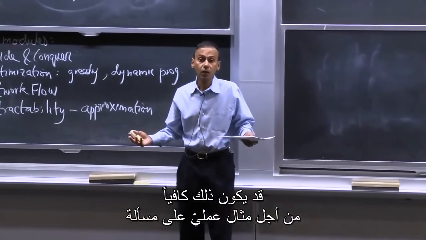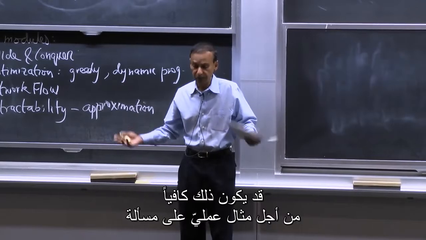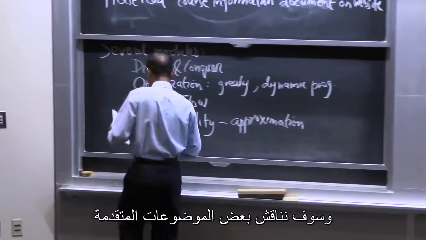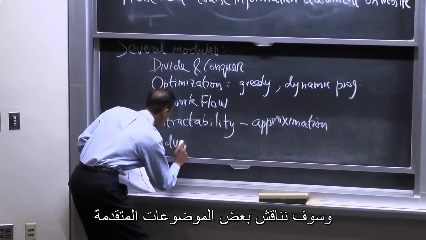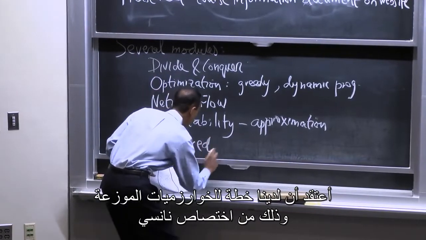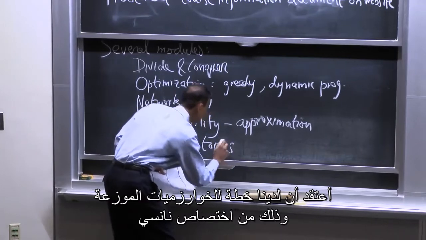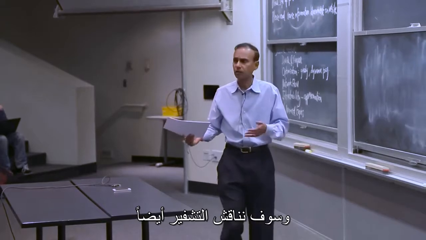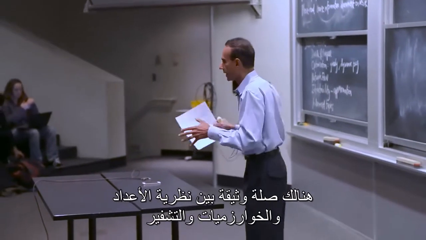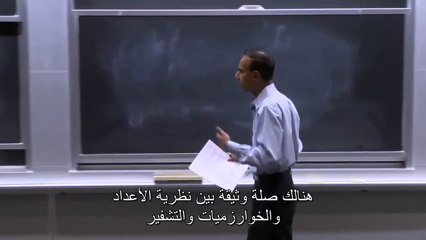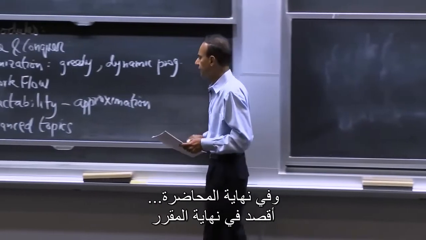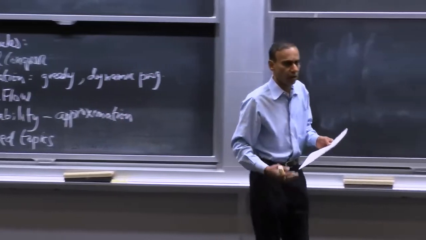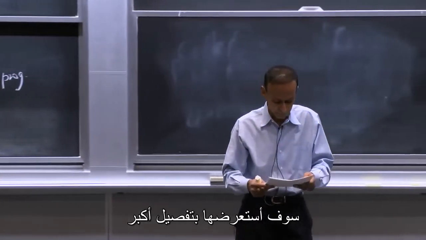That may be enough for a particular instance of a problem or a set of instances of a problem. And we'll do a bunch of advanced topics. I think we have distributed algorithms planned. Nancy works in that area. And we'll also talk about cryptography. There's a deep connection between number theory, algorithms, and cryptography that towards the end of the course, we'll look at a little more closely.